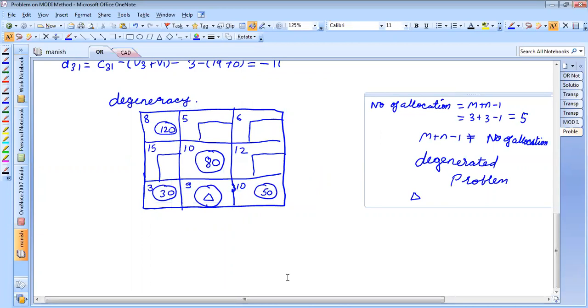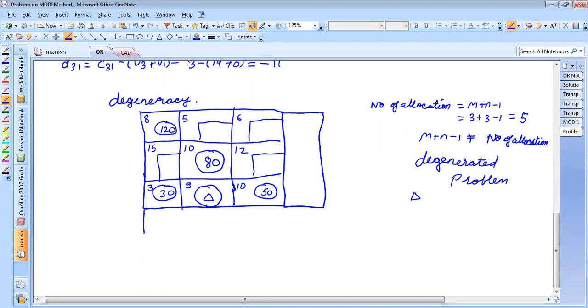If I take delta here, I have to write again the ui and vj values, isn't it? Again I have to write ui and vj, correct? So what I'll do is I'll simply make u3 equal to 0.